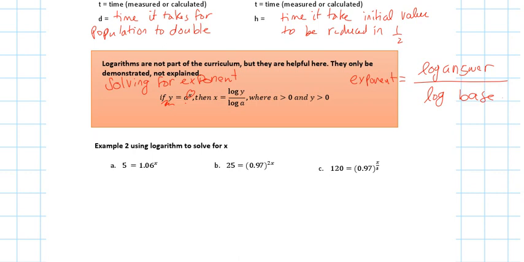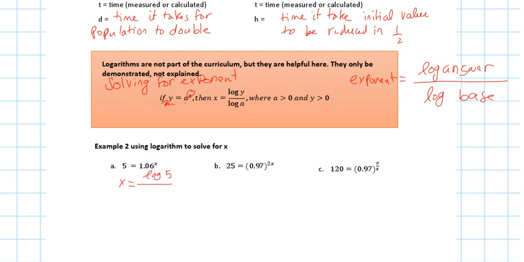But I can also use the formula that I just showed you to solve for x right away. So x is equal to the log of the answer over the log of 1.06.